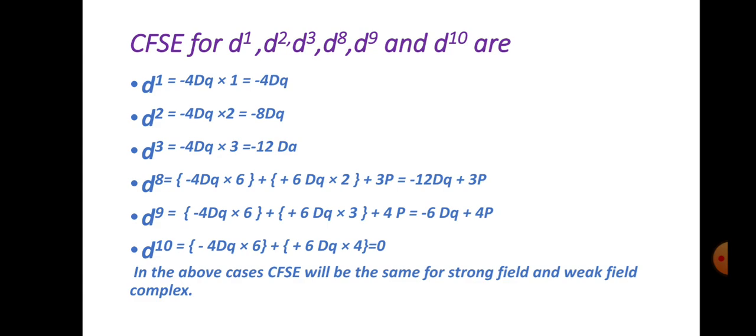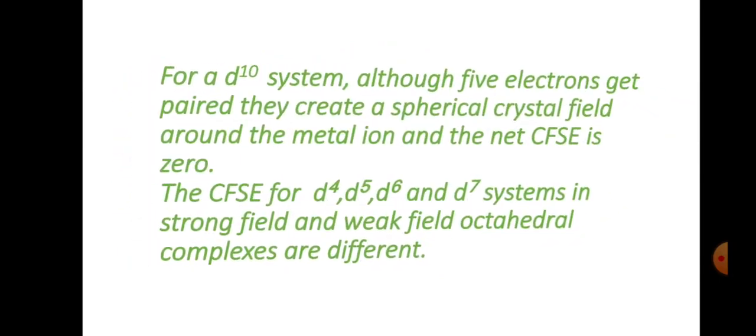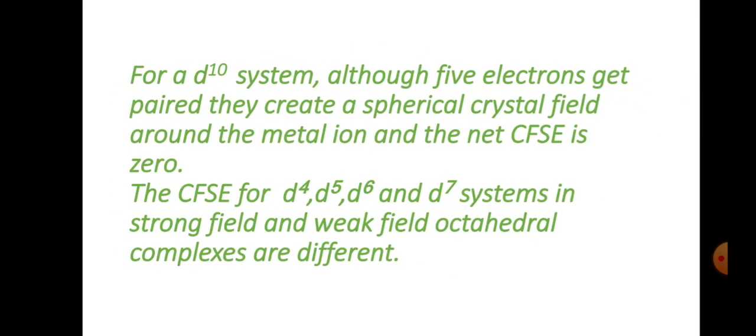In the above cases, crystal field stabilization energy will be the same for strong field and weak field complexes. For a d10 system, although 5 electrons get paired, they create a spherical crystal field around the metal ion, and the net crystal field stabilization energy is 0.